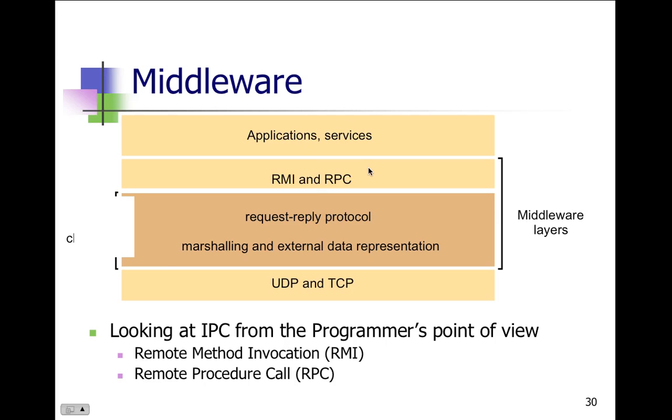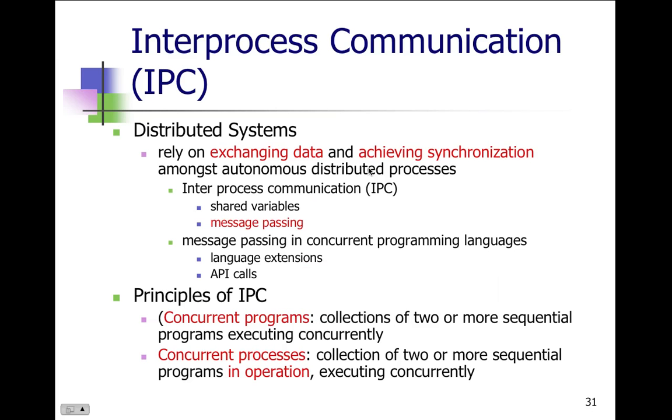So this is the big picture where everything is going to fit into our RMI. Let's take a look at the interprocess communication component from the distributed systems perspective, relying upon the data exchange, the achieving of synchronization, and exchanging data among different types of systems. What we're looking at, and this goes back to classic Unix, is that we have two forms of IPC.